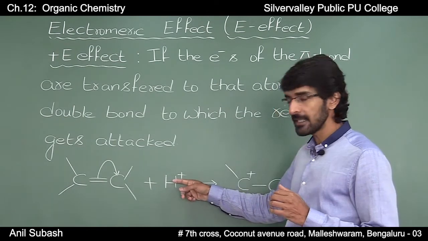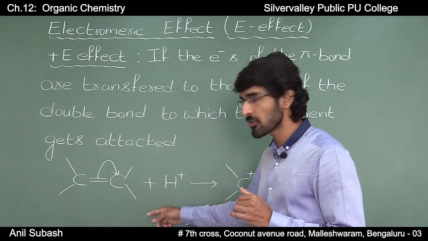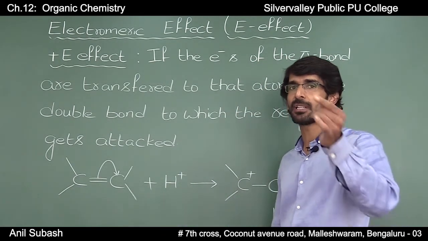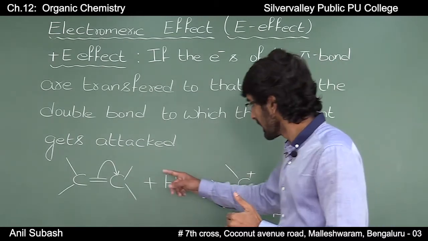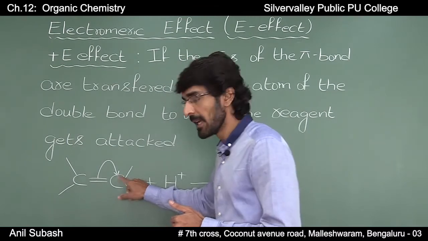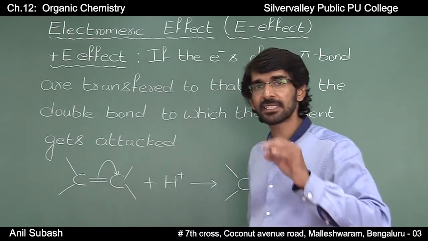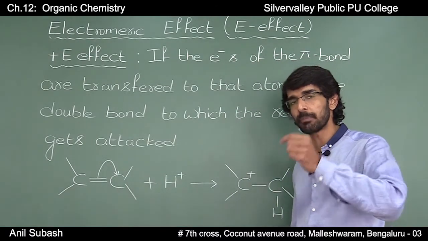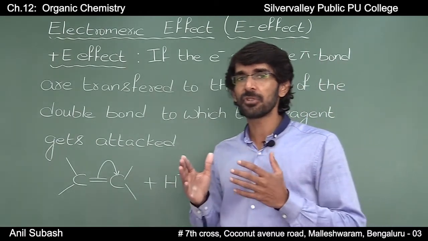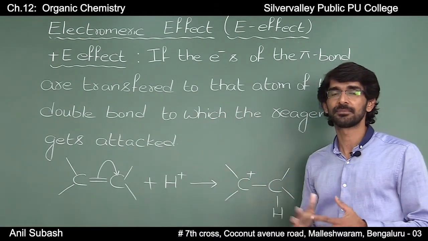Now the attacking reagent, that is H plus ion, gets attached to the same carbon to which the pi electron has moved. Such type of electromeric effect is known as plus E effect.